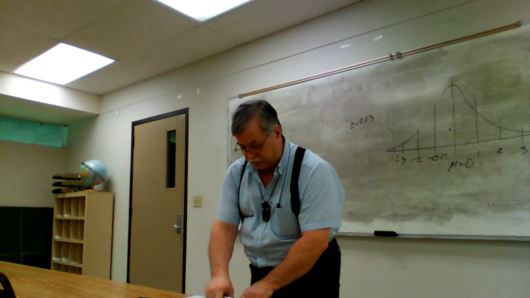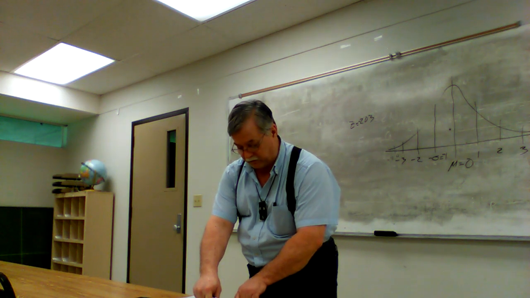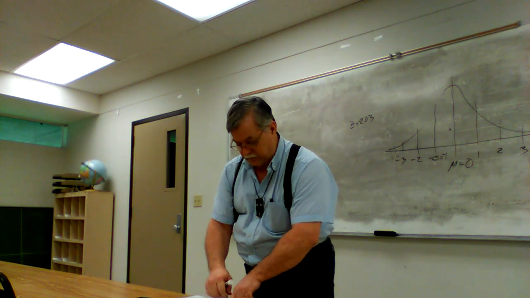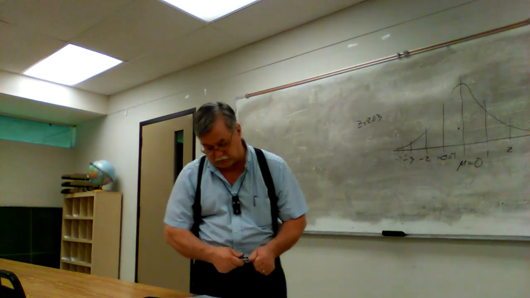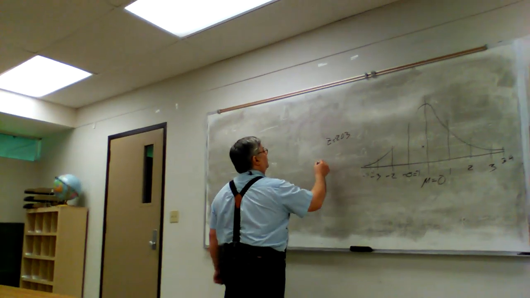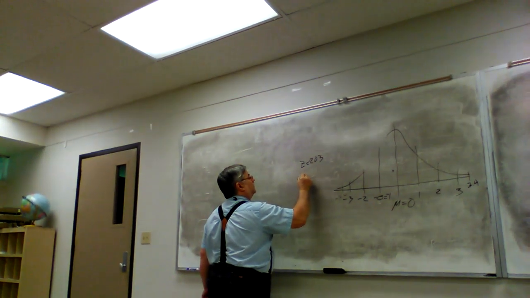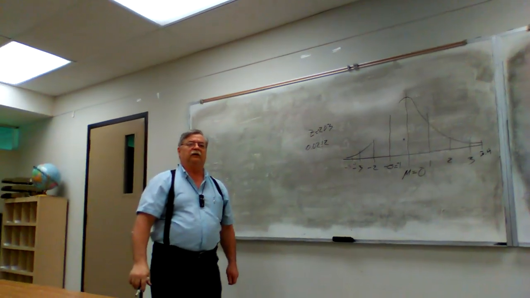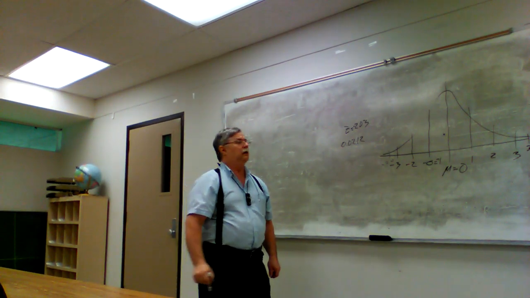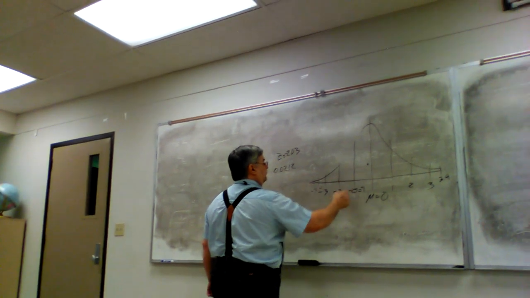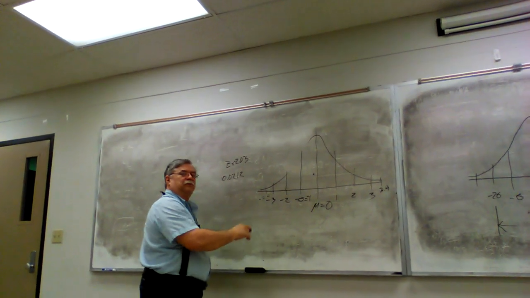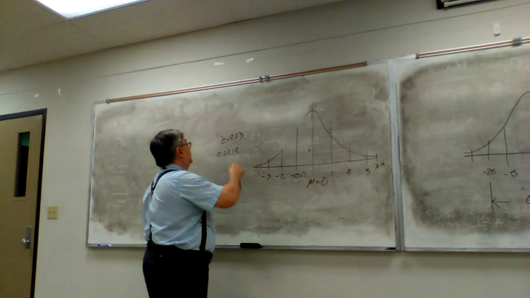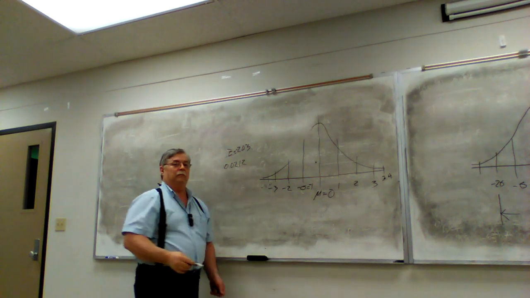Then you move over to the column that ends in 0.03, and there you have a number, 0.0212. That is the probability that a given member of this population will be less than a z of minus 2.03.